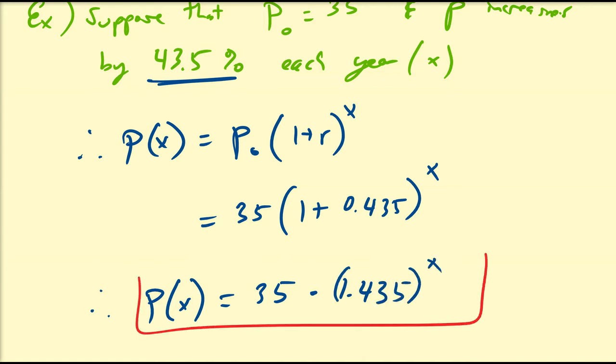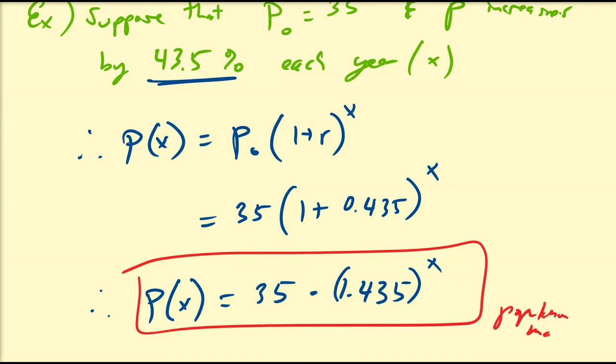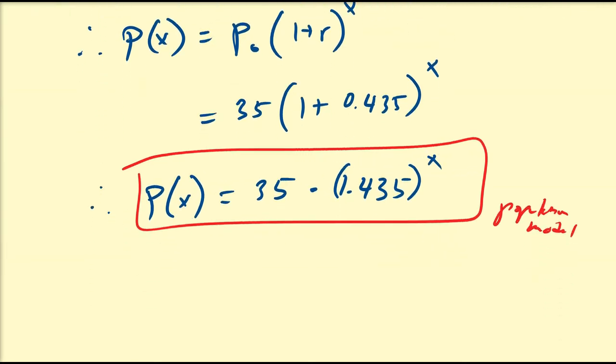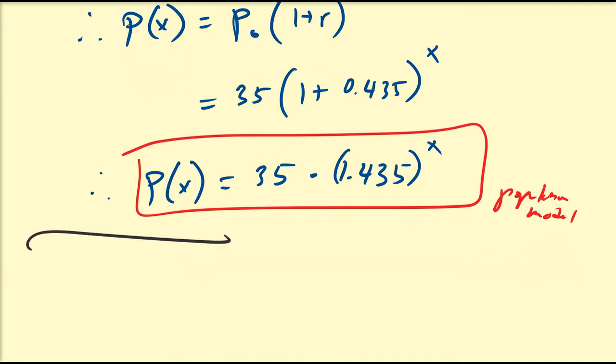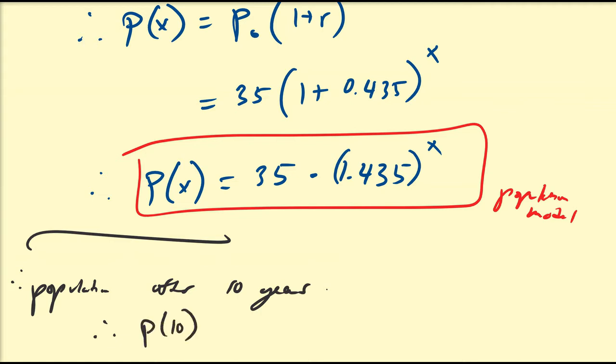This is my population model. So if I want to find the, say, population after, say, 10 years, then P evaluated at 10, which of course is going to be 35 times 1.435 to the power of 10.